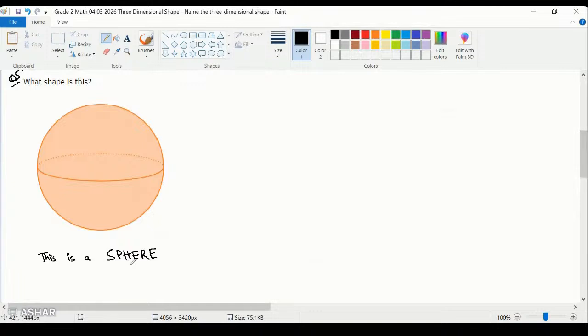Now my other question is, what is this shape known as? It's a two-dimensional shape. If this shape is two dimensional, a sphere is three dimensional, right?